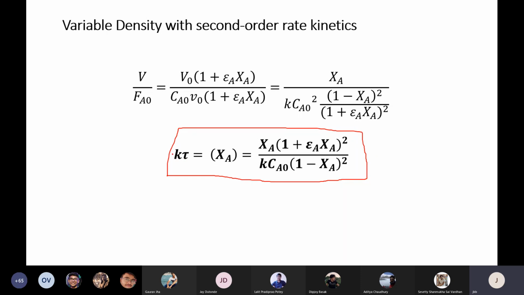If k is known, we can find out tau, and if tau is known, we can find out k. So the same mole balance can be used either for kinetic study to find out the rate constant, or secondly, to find out tau for finding the reactor volume.